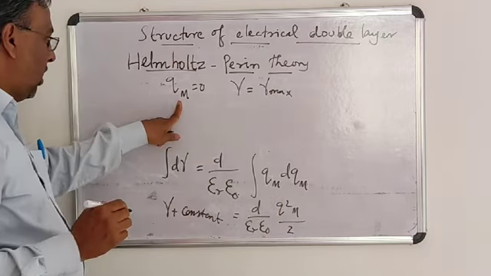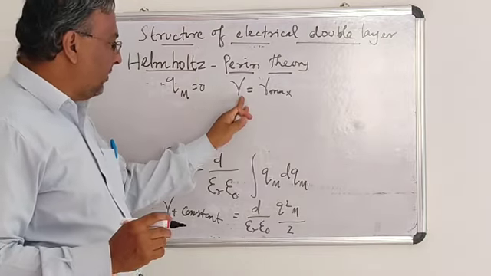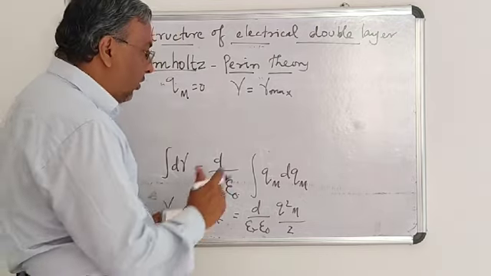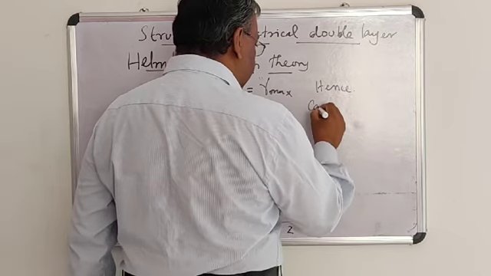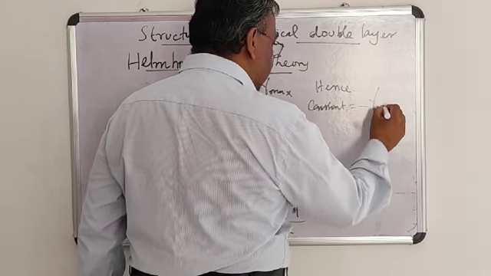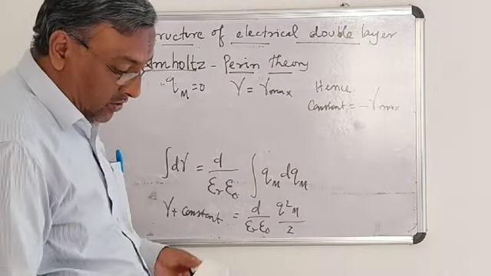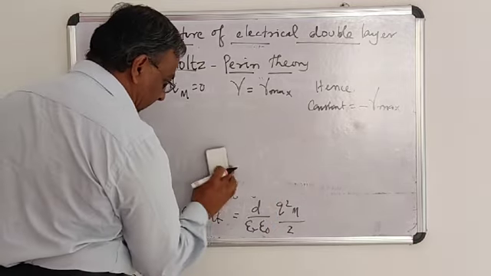When the charge over the metal is equal to 0, there is no charge, so the gamma value will be equal to gamma max. Hence the constant is equal to minus gamma max. Now I am substituting this value in the equation.